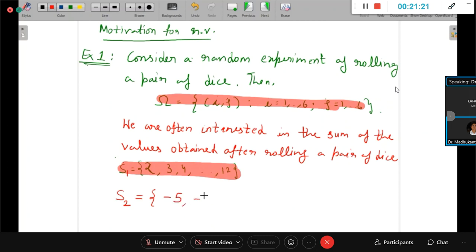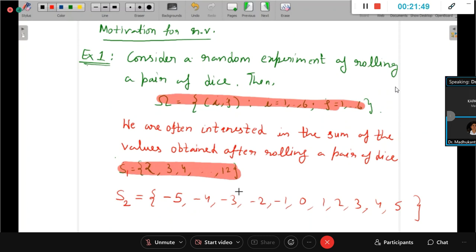I may have the difference, so i minus j. It is very easy to get: minus 5, minus 4, minus 3, minus 2, minus 1, 0, 1, 2, 3, 4, 5. Minimum is minus 5 and maximum is 5, and all of the integers between them.